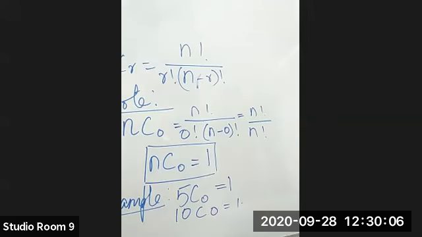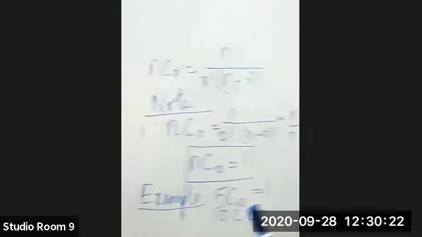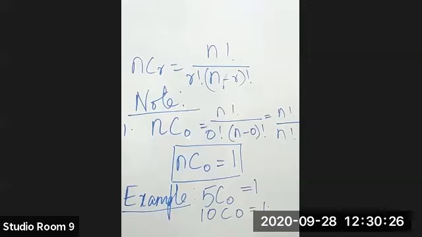Ma'am, I didn't get. Okay, what is combination? What's the formula we have learned for NCR? Ma'am, I just joined now. Okay, in the beginning I gave the definition for NCR. What is the formula for NCR? Note it. NCR is n factorial by r factorial into n minus r factorial.